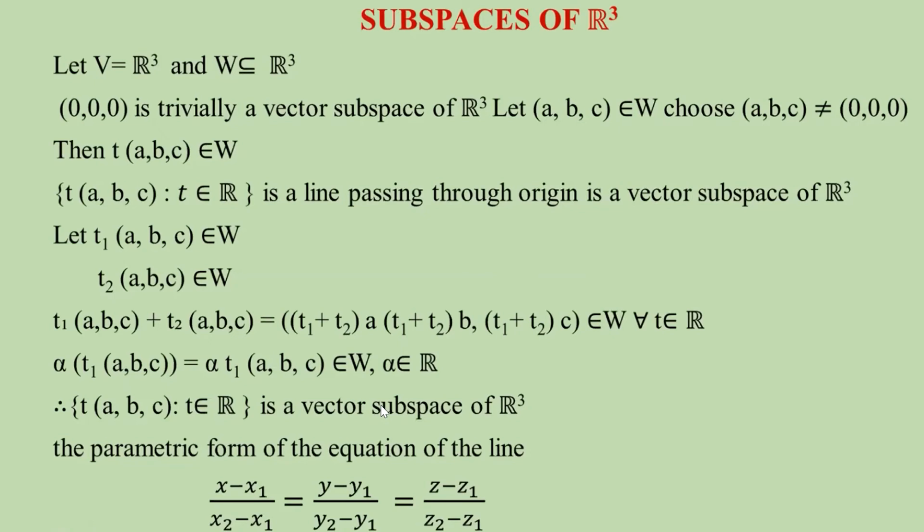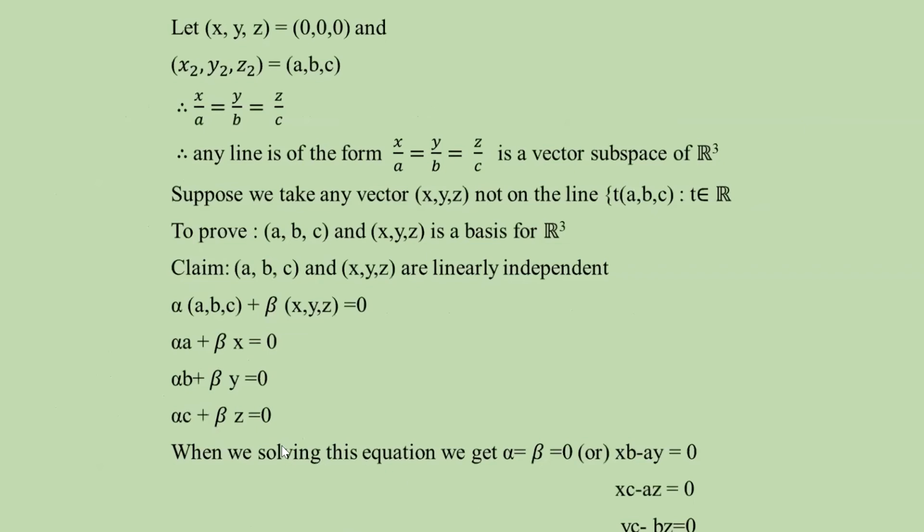Here we also generalize using the parametric form of the equation of the line: (x minus x1) by (x2 minus x1) equals (y minus y1) by (y2 minus y1), and so on.